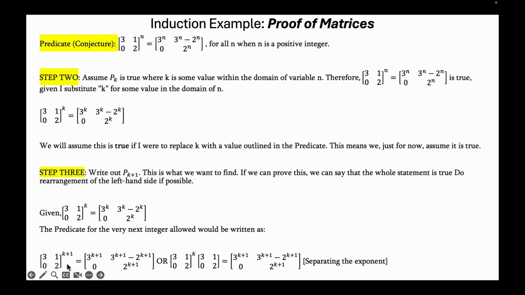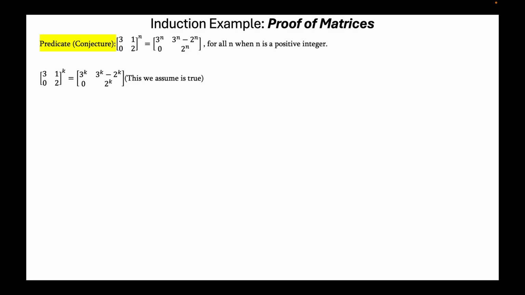So essentially, this matrix now to k plus 1 instead of just k is equal to this matrix with all the terms literally added 1 to. And then I can express k plus 1 using exponent laws like this, where it was our original to the k multiplied just by another one again. I could do the same thing, but this matrix is going to get absolutely absurd if I keep doing that. So let's have a look here.